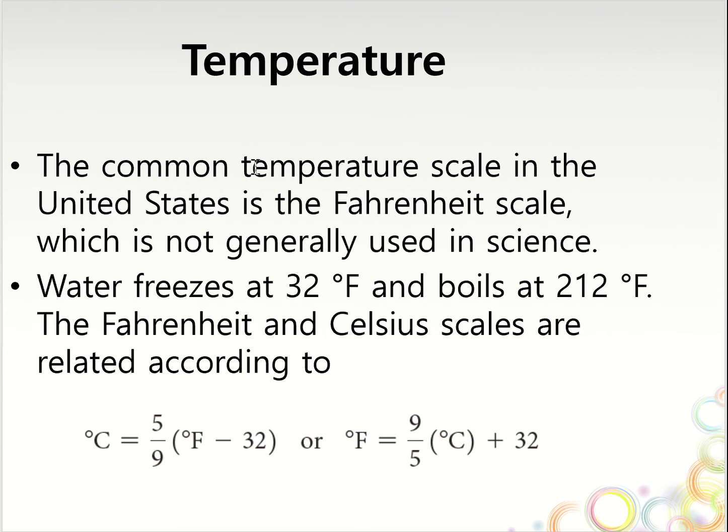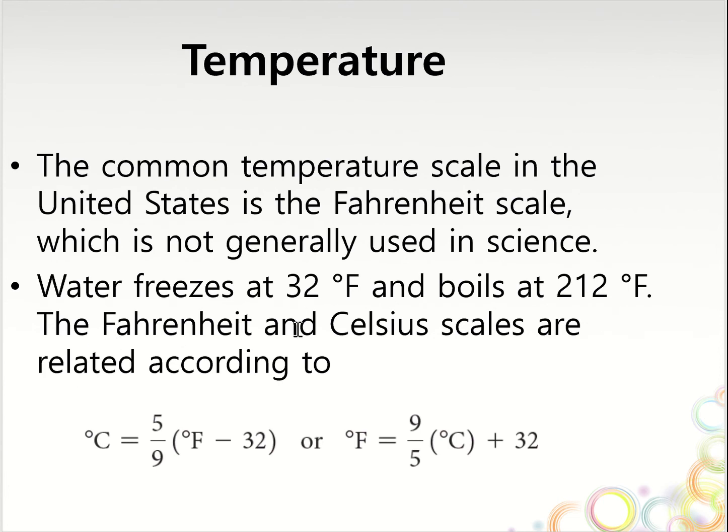We also see, particularly in the US, the Fahrenheit scale, and some of your appliances may have the Fahrenheit scale, but we don't generally use this unit in science. Water freezes at 32 Fahrenheit and boils at 212 Fahrenheit.